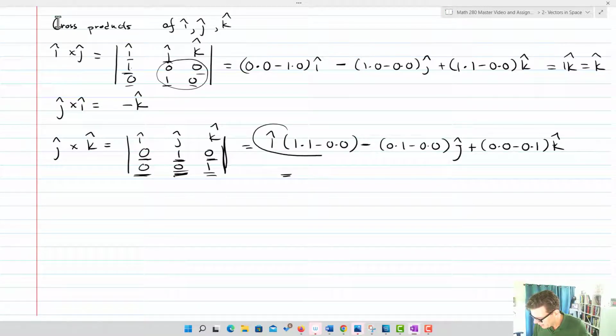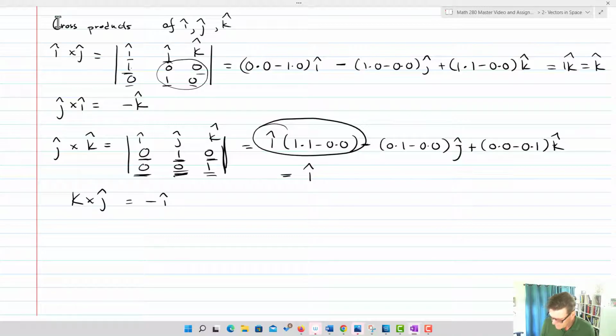The only one that's not 0 is i, so j cross k equals i. Then k cross j should equal negative i.